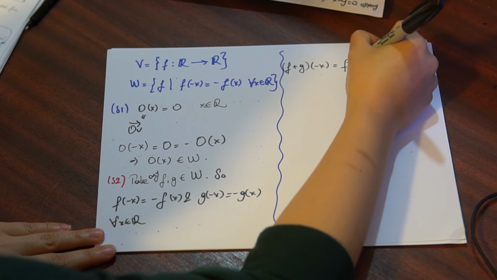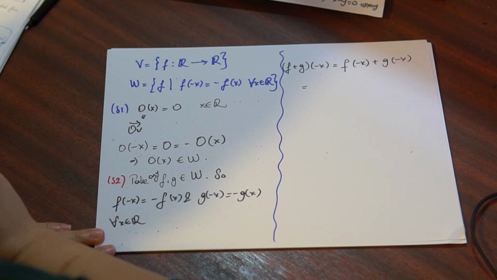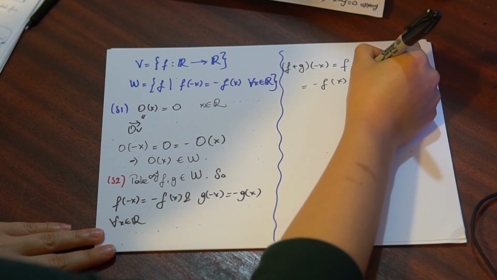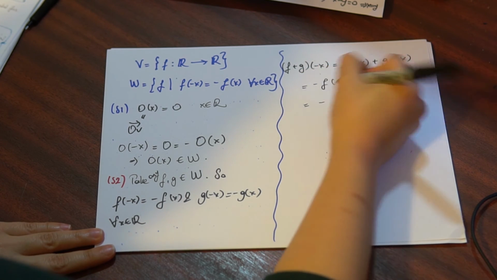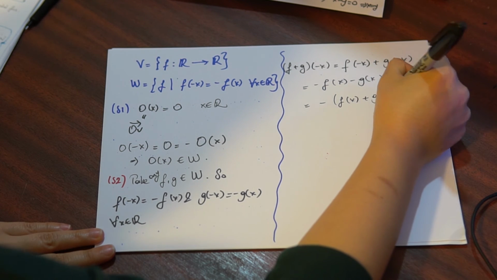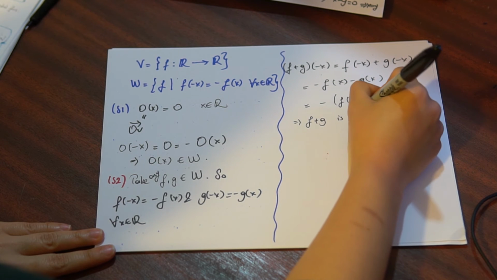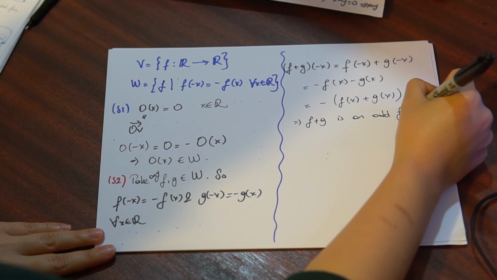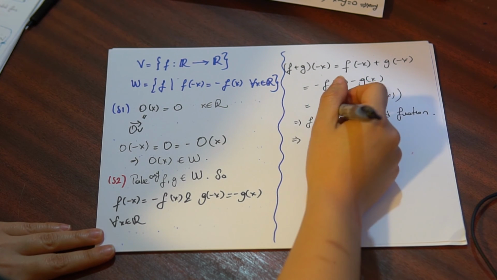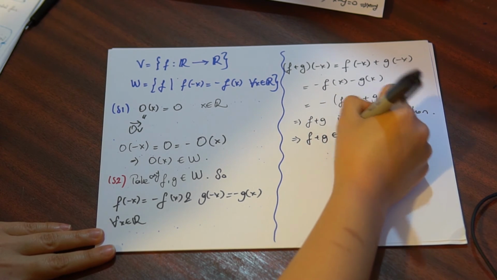This is equal to f of minus x plus g of minus x. Since f and g are odd, this one is equal to minus f of x and this one is equal to minus g of x. If we take the common minus, we will have minus (f of x plus g of x). So f plus g is an odd function. So f plus g is in W.